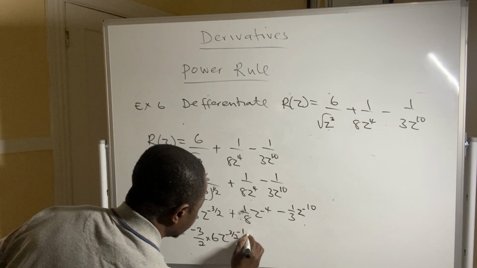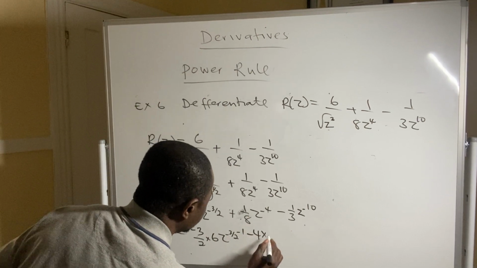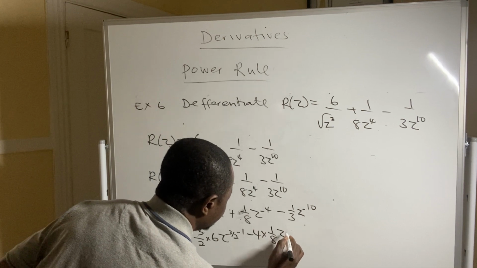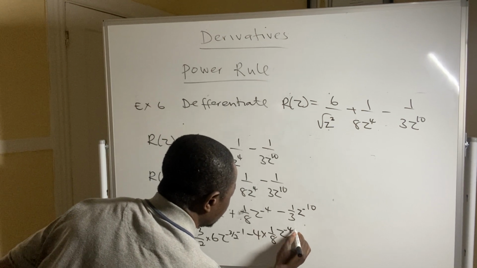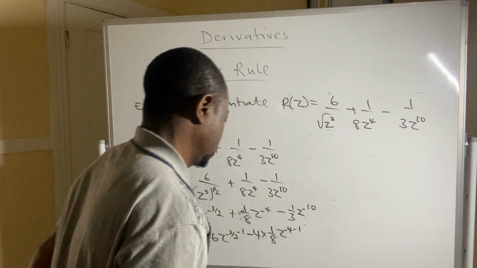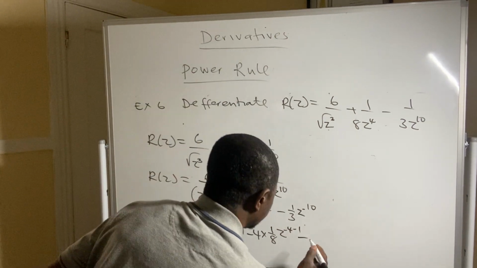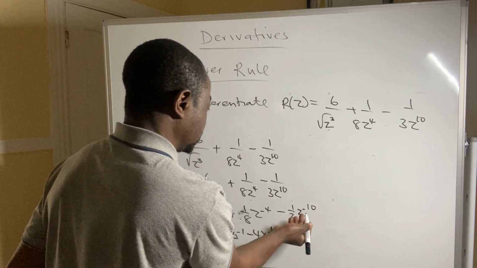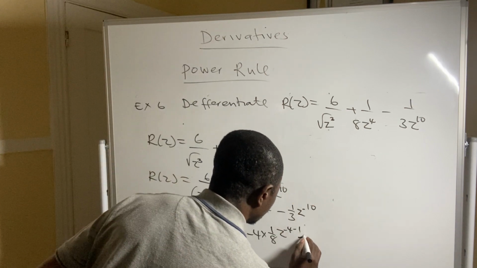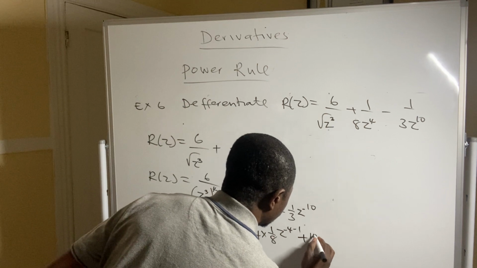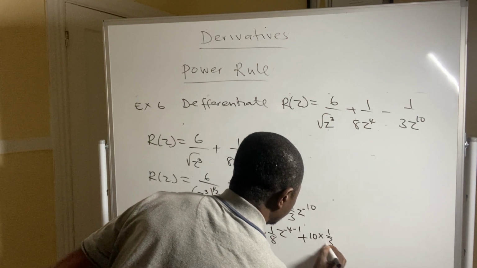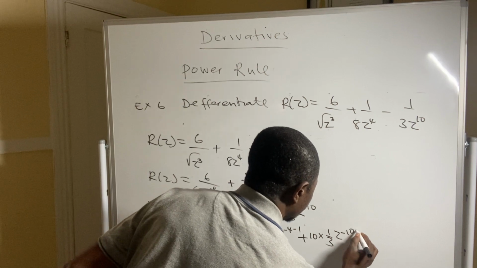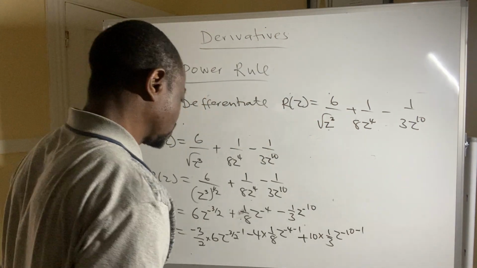So minus 4 times 1 over 8, z to the power minus 4, then minus 1. Then this is a minus, so when you bring it down, it's going to be a positive. So plus 10 times 1 over 3, z to the power minus 10, then minus 1.